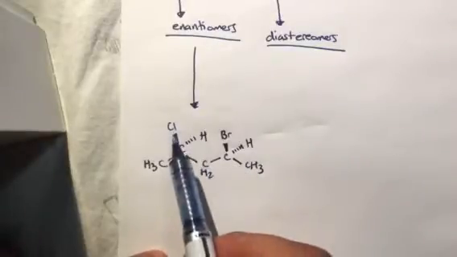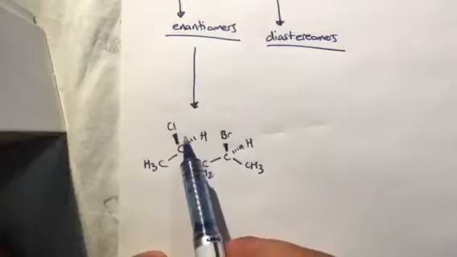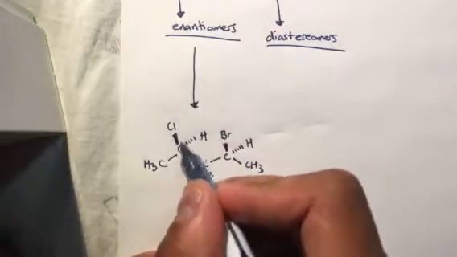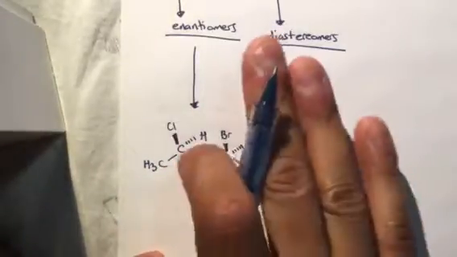We know that this is going into the page, this is going out of the page, this is going into the page. So the chlorine is coming out at us, and the hydrogen is going behind.